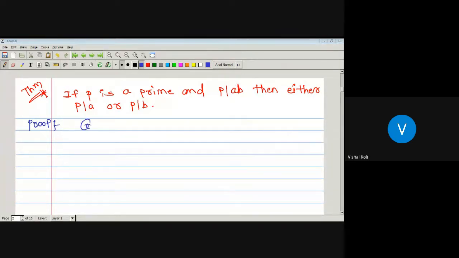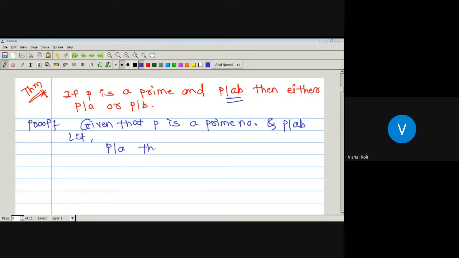Okay, so given that p is a prime number and p divides the product of a and b. Now let us suppose p divides a. If p divides a, then there is nothing to prove. Since we have to prove that whenever p divides ab, then either p divides a or p divides b. If p divides a, then there is nothing to prove.